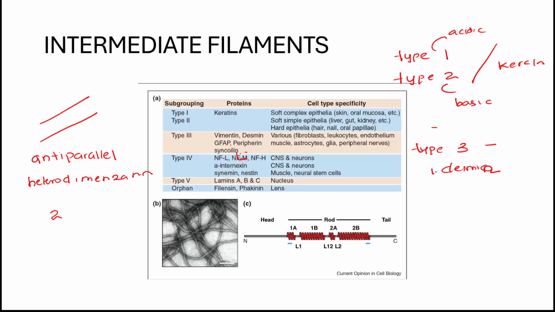And then there's the glial fibrillary acidic protein, also termed GFAP. This I have related within some of my previous videos when I was talking about neuroglia.